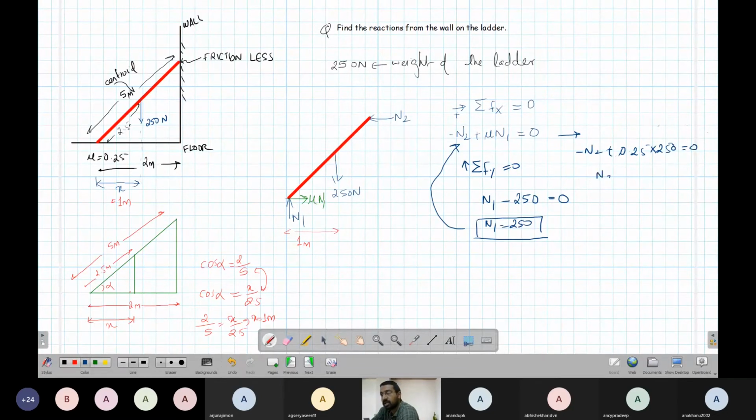So N2 equals 0.25 times 250, which is 62.5. So this is N2. What a simple equation to answer.